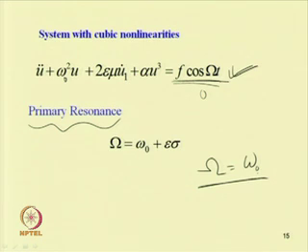To take into account the nearness to the natural frequency, we are taking a detuning parameter sigma. So, we will study in the neighborhood of this omega 0, that is near the natural frequency. That means, if the excitation frequency is near to the natural frequency, we are going to study the system behavior.